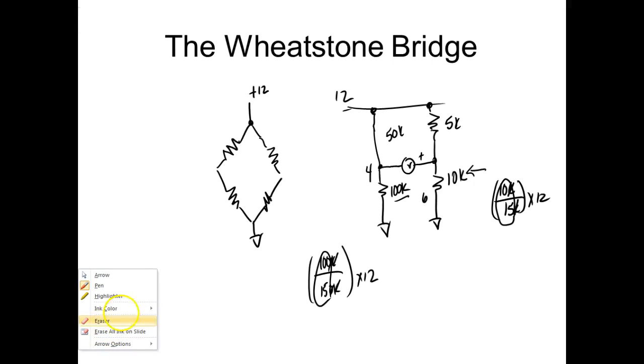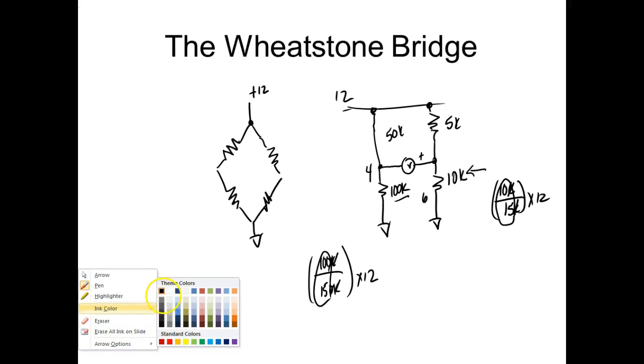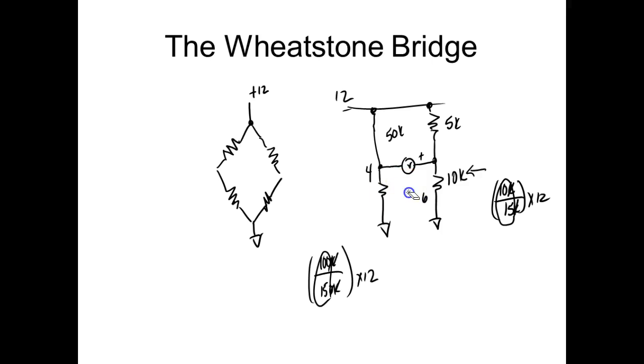So what would happen? Let's go back to the 1K. So 1K is easier to deal with.